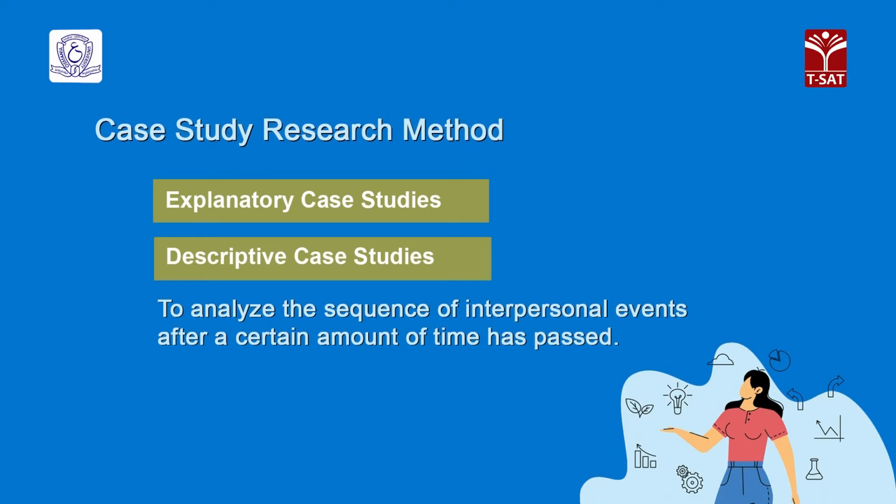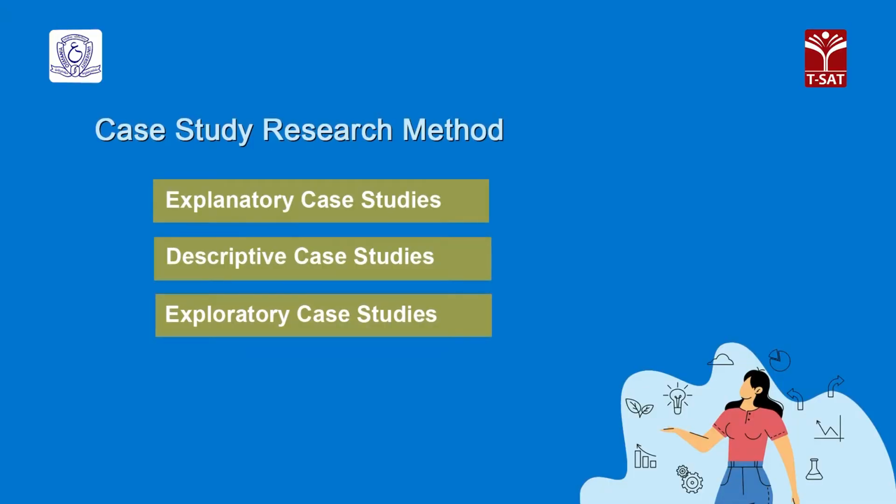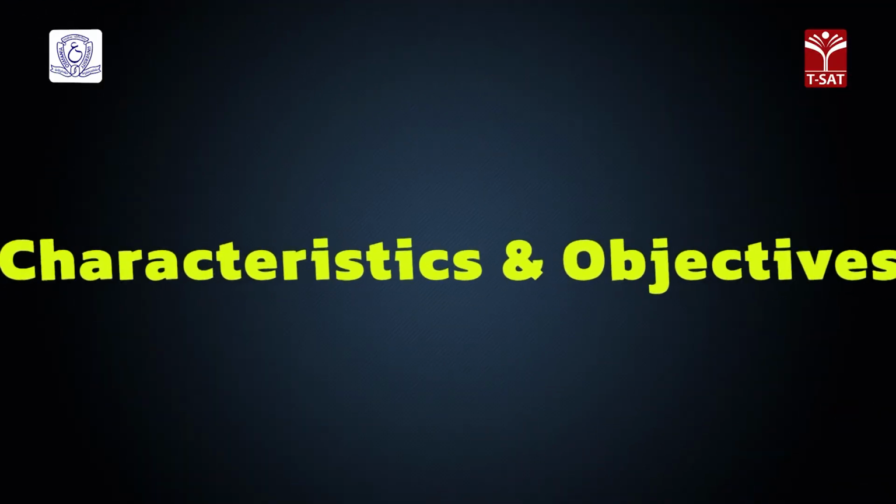Case studies belonging to this category usually describe culture or subculture and they attempt to discover the key phenomena. Under exploratory case studies, it aims to find answers to the questions of what or who. In exploratory case studies, the data collection method is often accompanied by additional data collection methods such as interviews, questionnaires, experiments, etc.